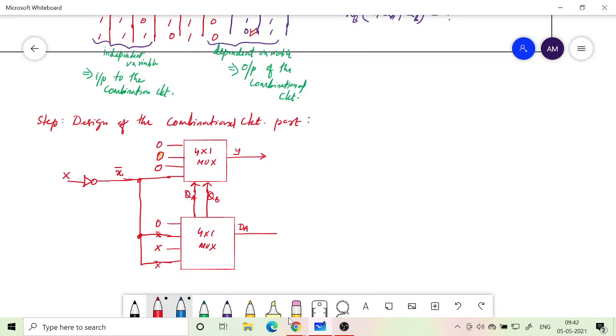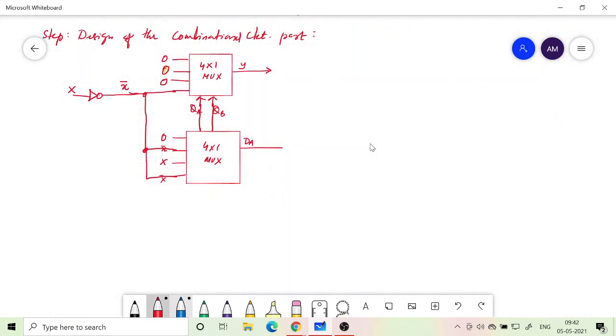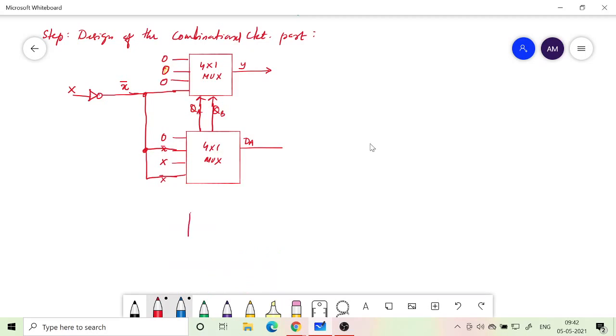Next, the last one remaining is my design of the last 4x1 mux. So now the output is going to be DB. Again it has 4 inputs.